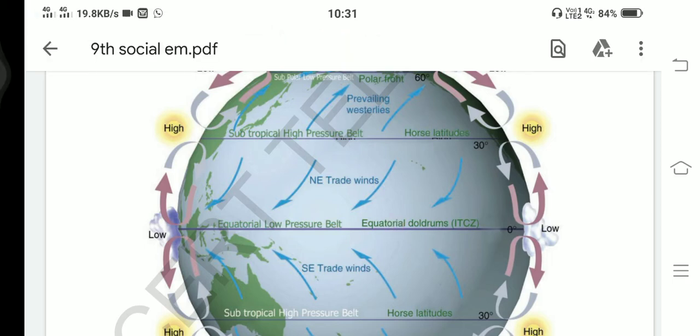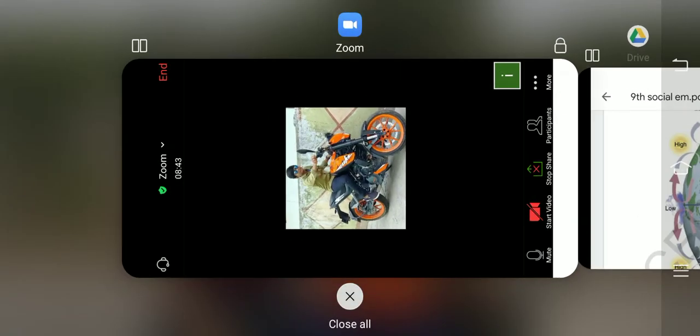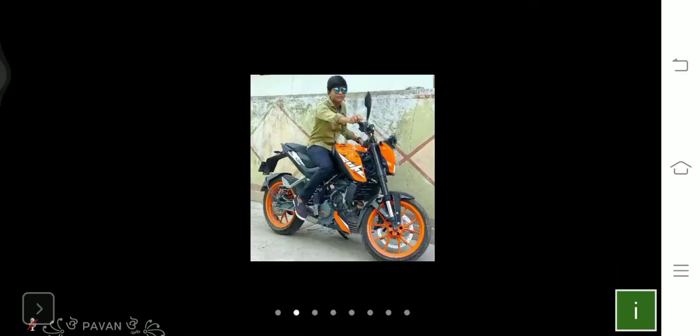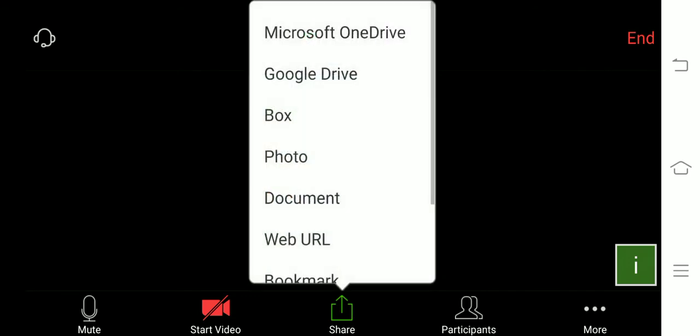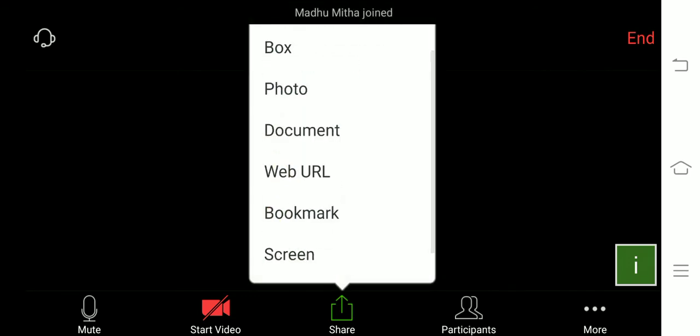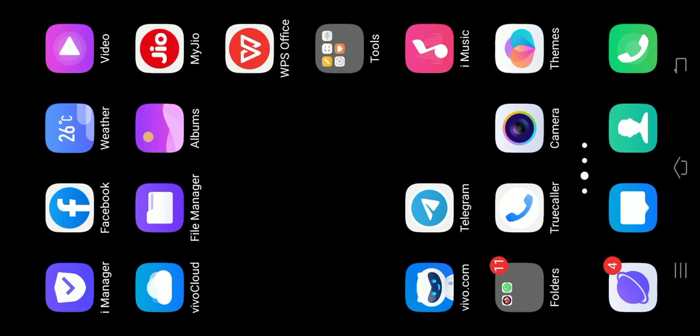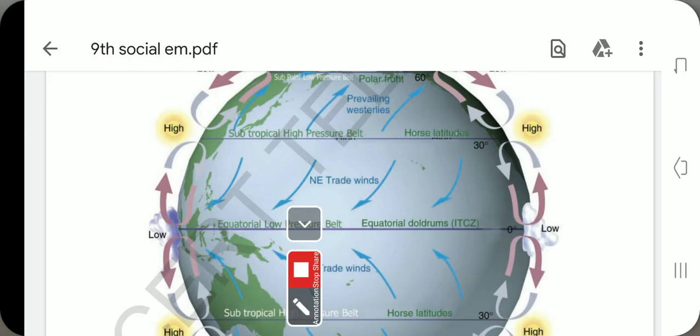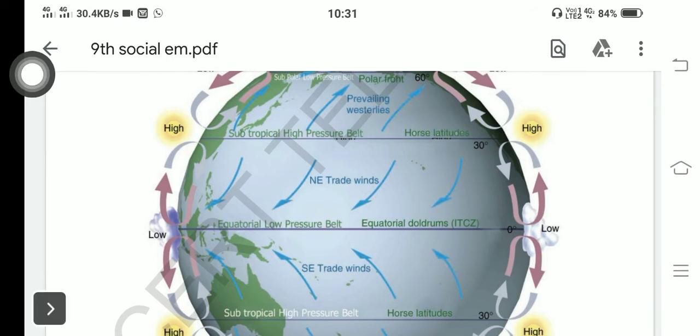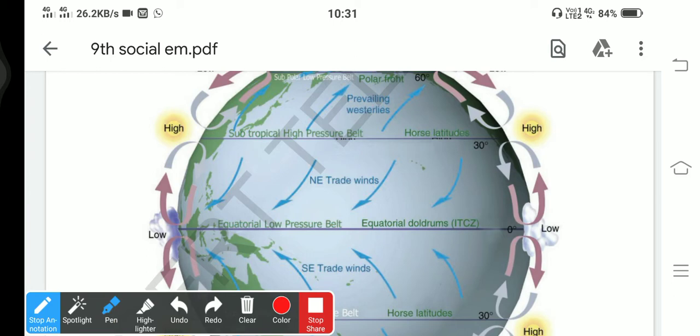Trade winds blow from the subtropical high pressure belt to the equatorial low pressure belt. Those are called trade winds. So here these trade winds blow in a particular direction.